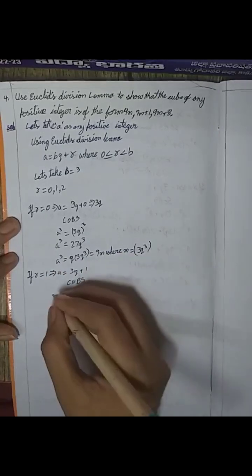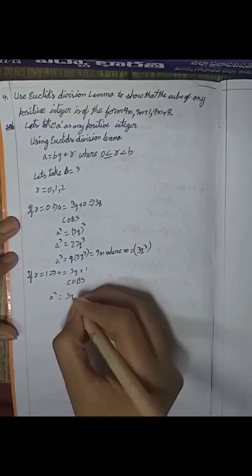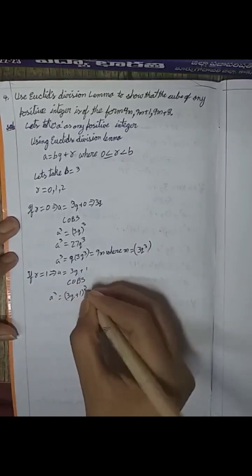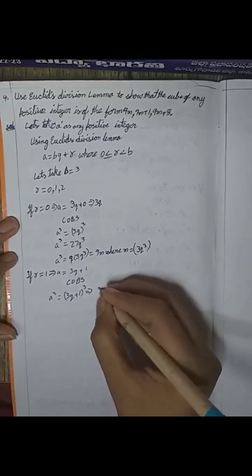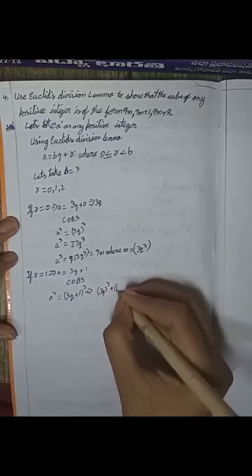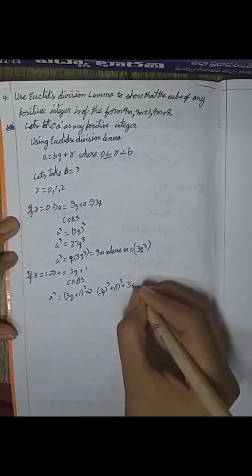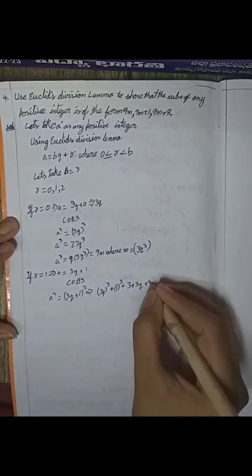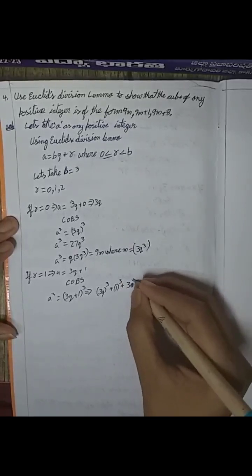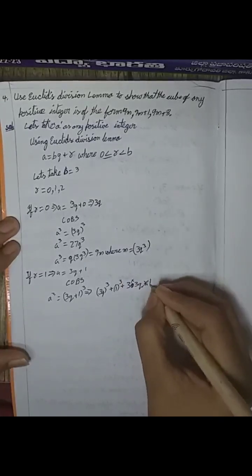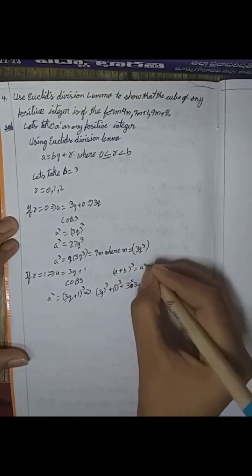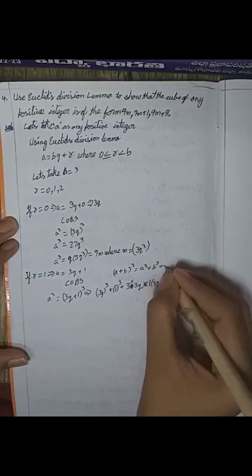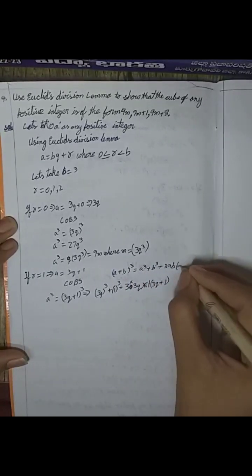Cube on both sides. a cube is equal to 3q plus 1 whole cube, which is equal to 3q whole cube plus 1 cube plus 3 into 3q into 1 into 3q plus 1, as a plus b whole cube is equal to a cube plus b cube plus 3ab into a plus b.